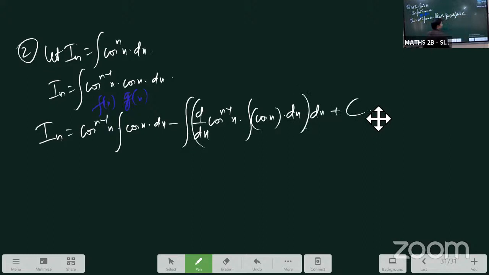Actually, plus c will be there every time. Every time plus c, add all constants. At last, you will get one big constant, and that will be the required answer.